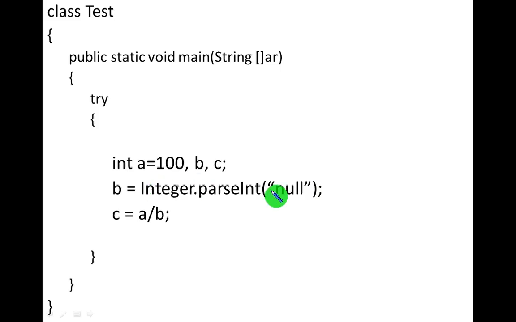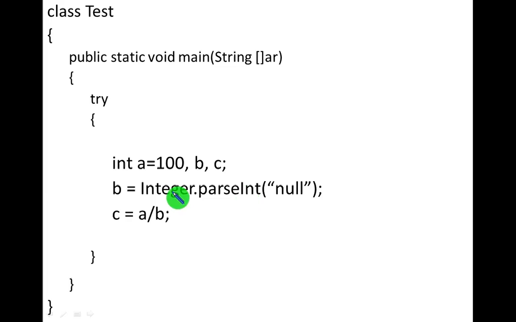But when we are giving a null value, it raises a NumberFormatException. When we try to convert a null into an integer value, we might expect that it will be a zero value. Definitely not. It shows an exception, namely NumberFormatException.